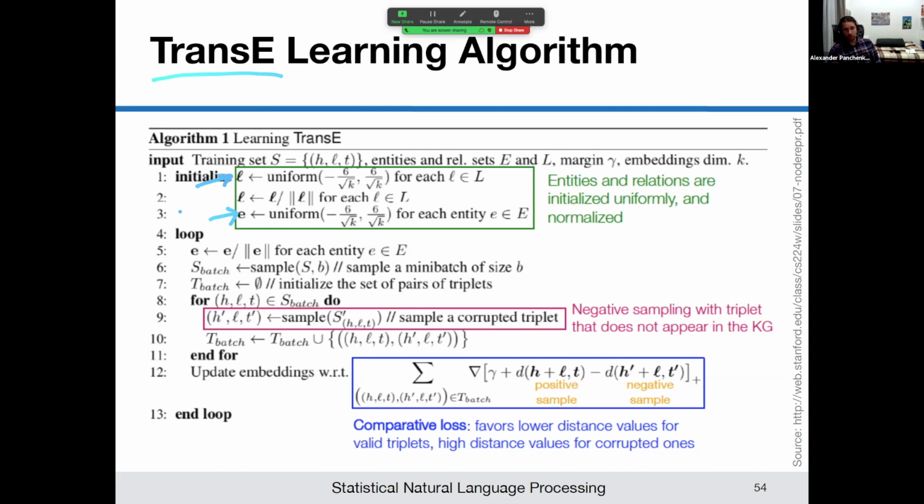Every row in this matrix of relations would represent a different type of relation: was born in, married to, went to, died, at some point. They are first initialized just randomly and normalized.